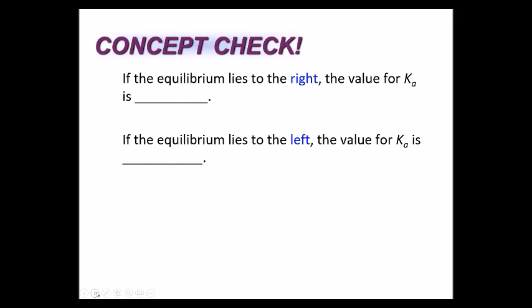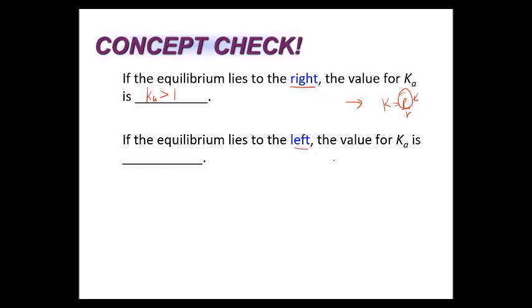So remember, if the equilibrium is to the right over here, K of course is products over reactants. That of course makes the numerator the larger number. So the Ka is going to be greater than 1 in terms of that proportion of the products over the reactants. And in our case, our products are the ions, the hydronium and the conjugate base, over the reactant, which in this case would be the weak acid.